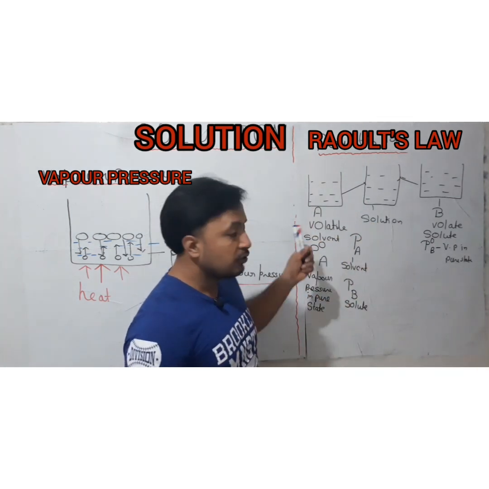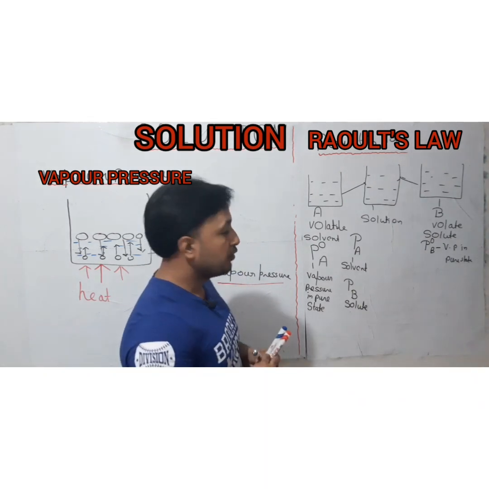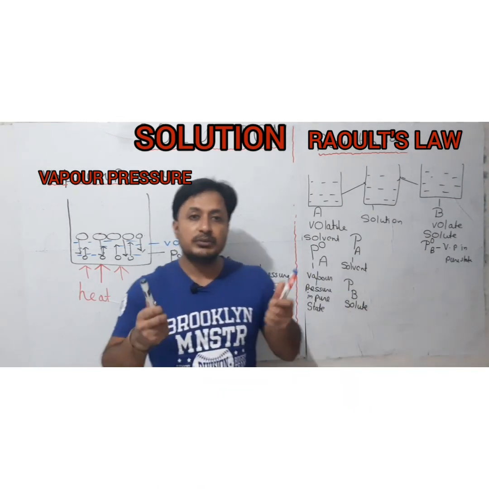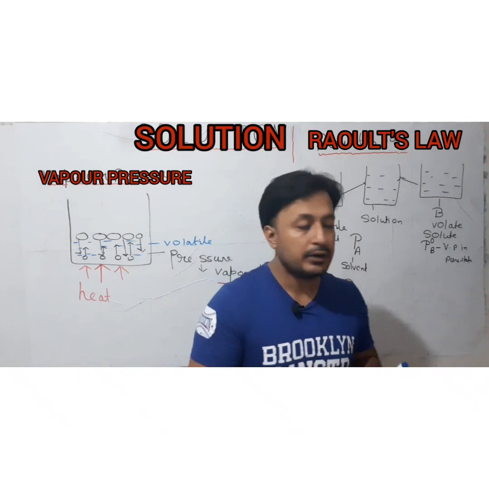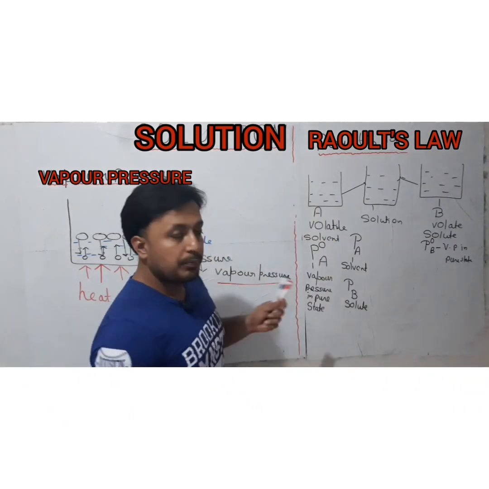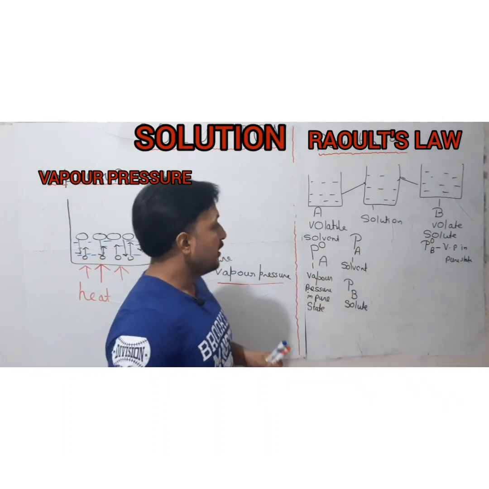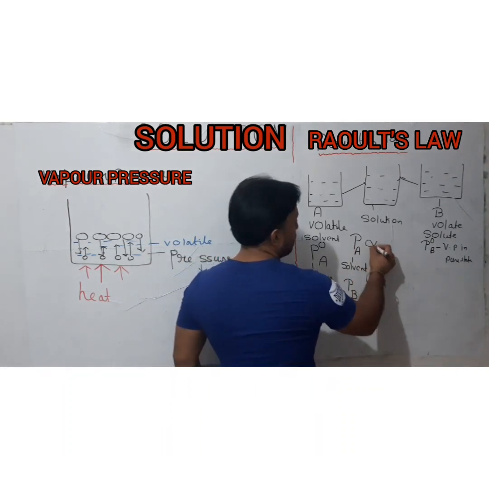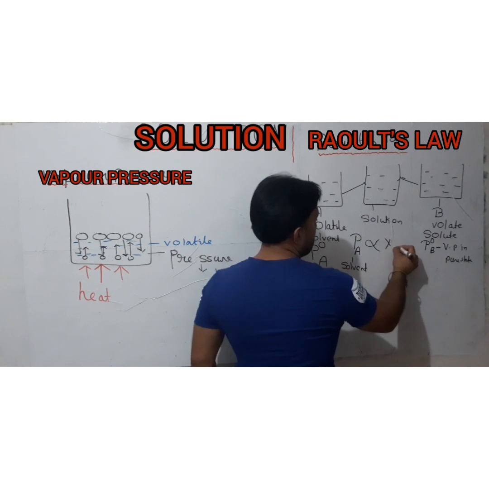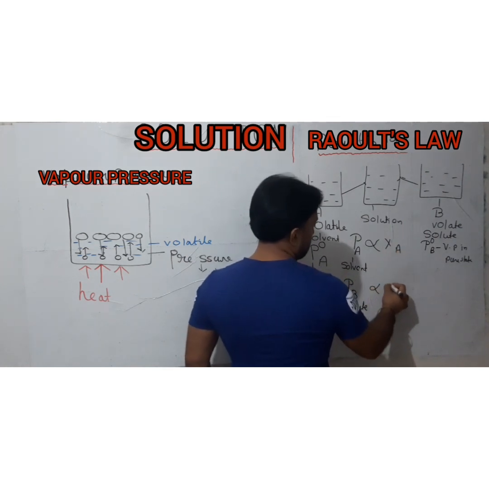So what Raoult's law states, actually Raoult's law is based on the solution which is made of liquid and liquid components. According to Raoult's law, the vapor pressure of a component, maybe solute, maybe solvent, is proportional to its mole fraction in that solution.